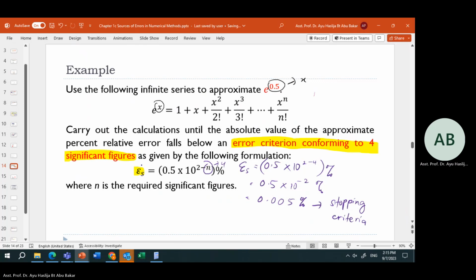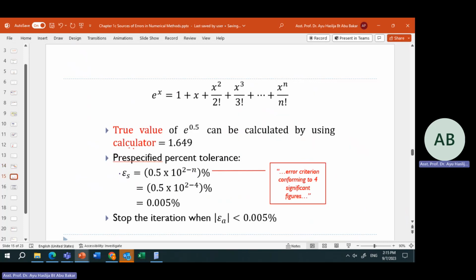First we identify what our stopping criterion is. Then find the true value of e power 0.5. Try to calculate using your calculator. Do you get the same value or not?